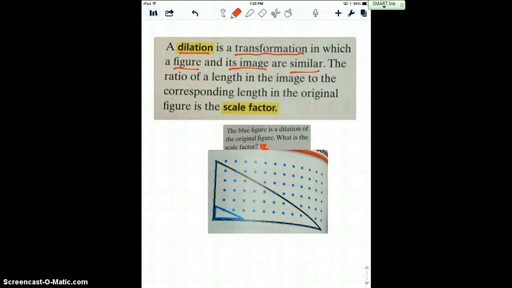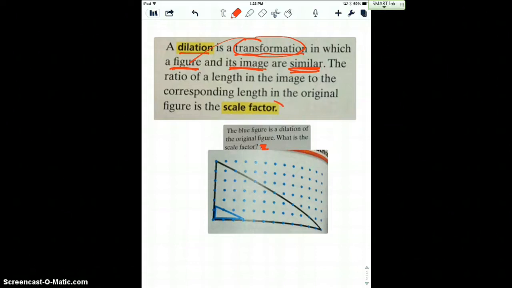So feel free to not write out that definition until you see an example, and then you can have a better idea of what a dilation is. But it's some sort of transformation in which a figure's image, the thing it morphs into, is similar. Okay, so a dilation is 2 figures in which they're both similar.